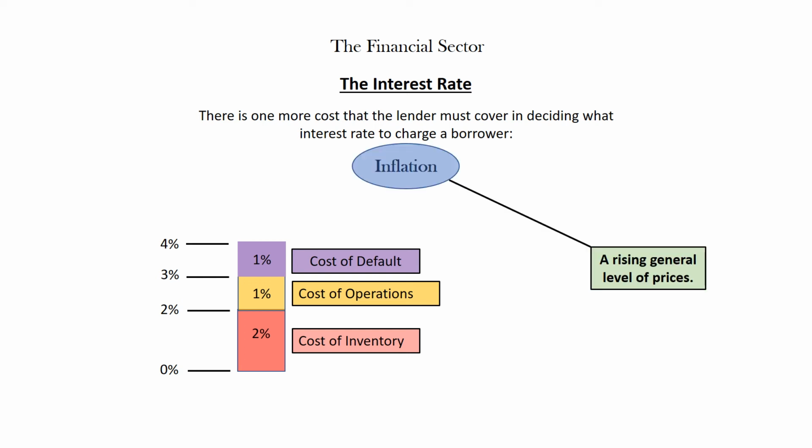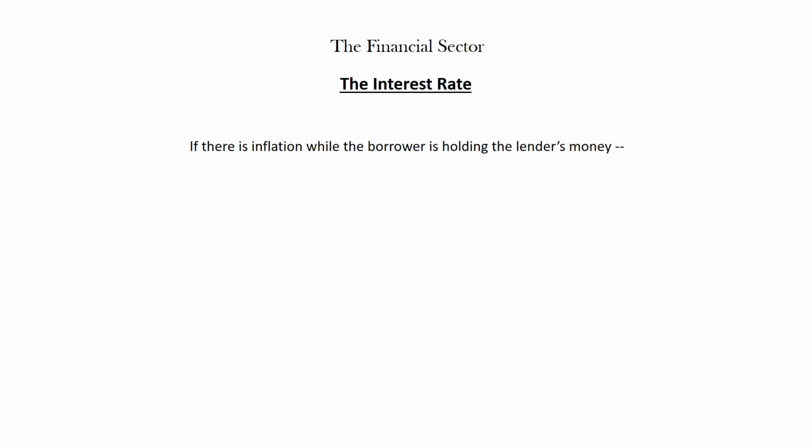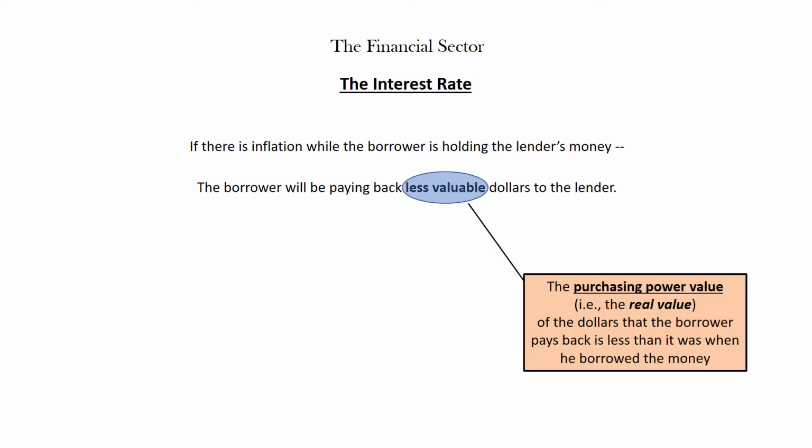Inflation is a rising general level of prices. When the price level goes up, the purchasing power value, that would be the real value of the dollar, goes down. So, if there is inflation while the borrower is holding the lender's money, the borrower will then be paying back less valuable dollars to the lender.